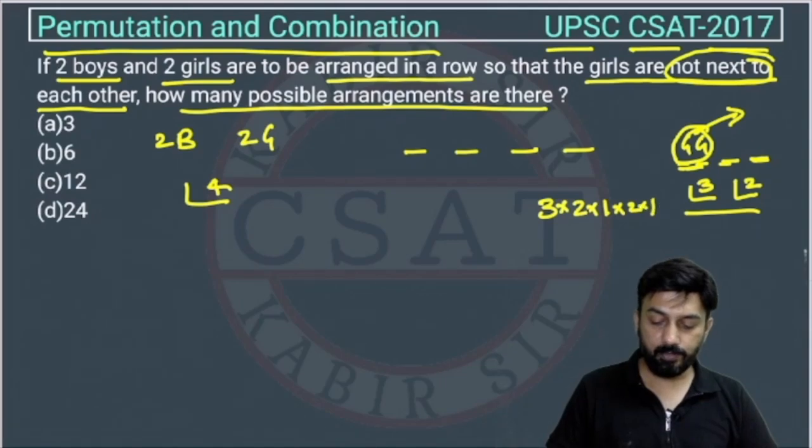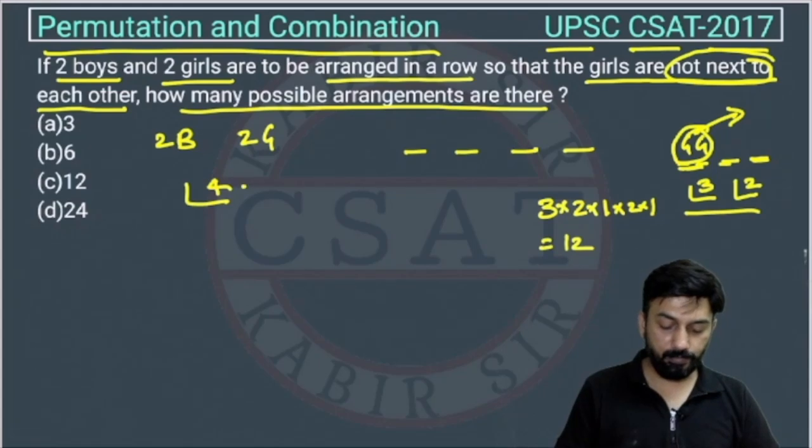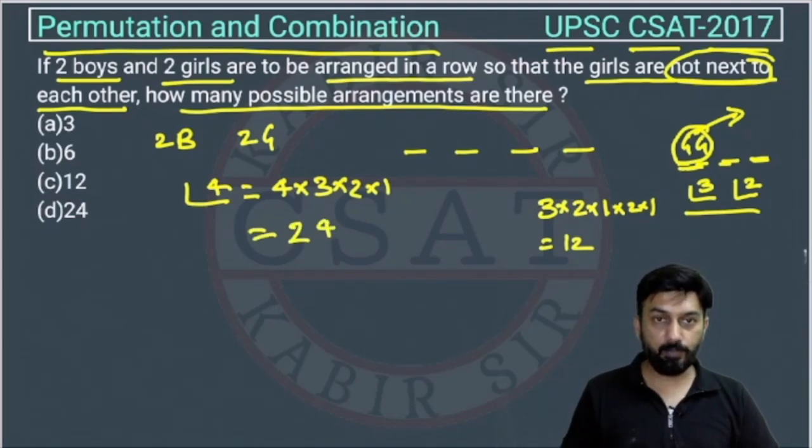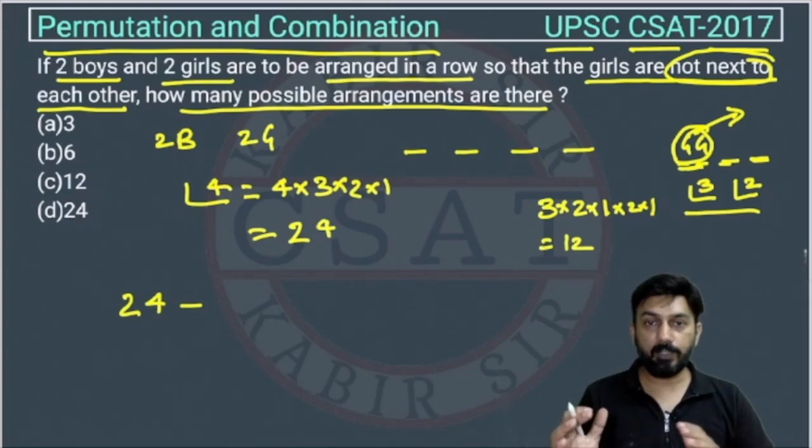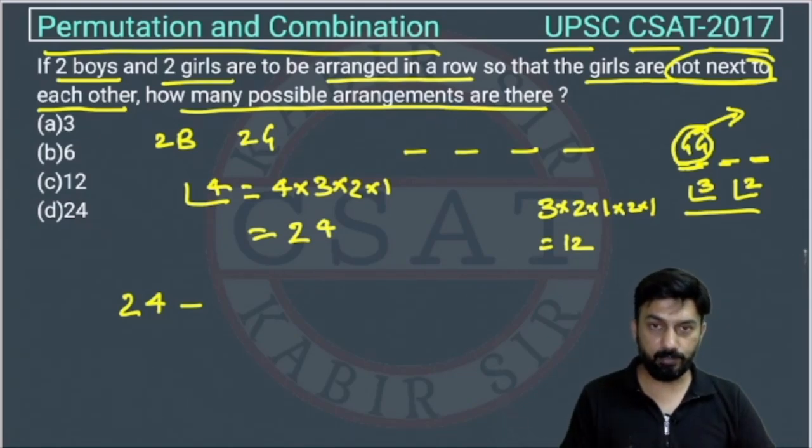So this will be 6 into 2, 12, right? And this factorial 4 is 4 into 3 into 2 into 1, so this will be 24, right? So these are the total number of ways to arrange 4 people, and out of it we are deducting the cases where the girls are coming together. So the number of ways when the girls are coming together is 12.